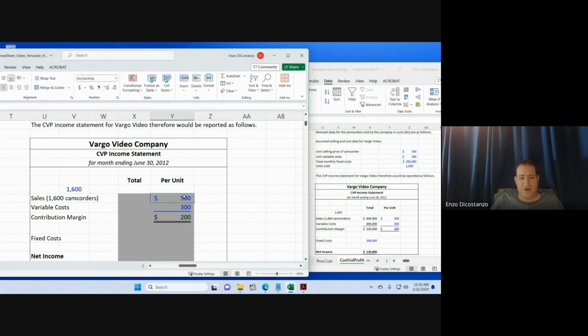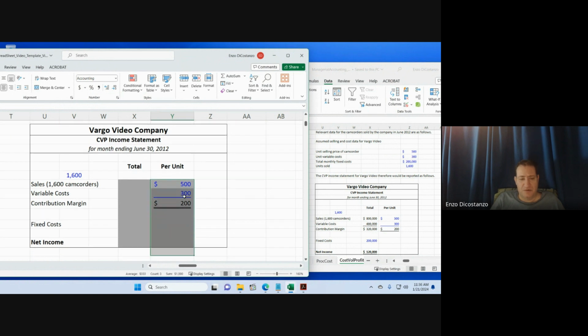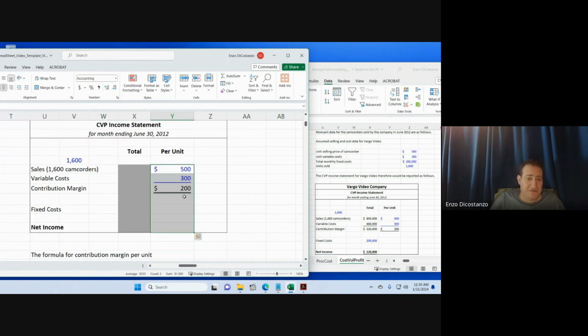Fixed costs are coming. I think we have them as 200,000, not 2 million, 200,000. And obviously, after your variable cost, your contribution margin is 200.